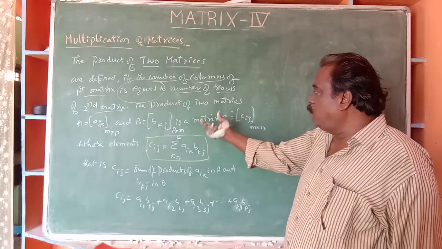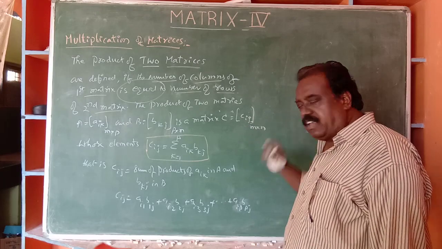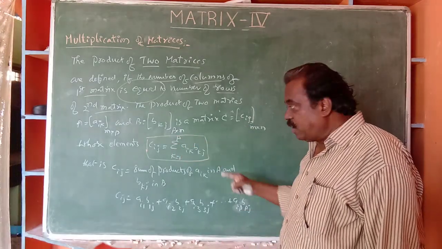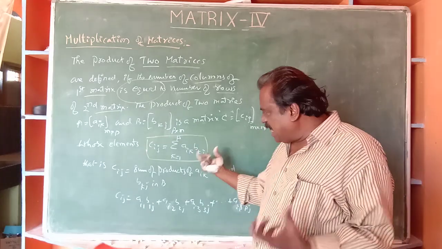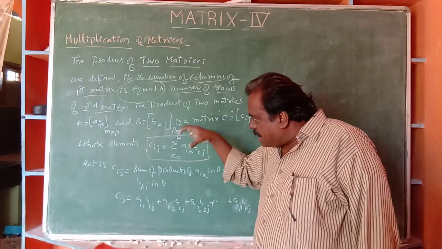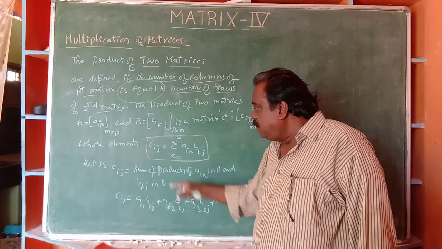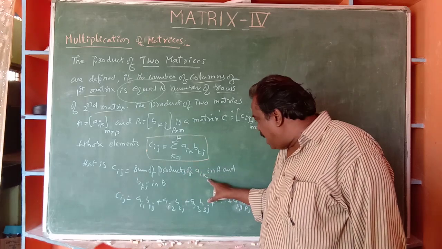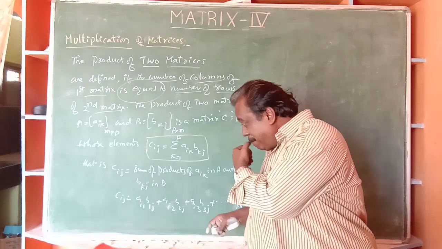The product of the two matrices is again a new matrix, capital C, whose elements are Cij. Each and every element of the product matrix is obtained by summing up the products of Aik of the first matrix and Bkj of the second matrix.